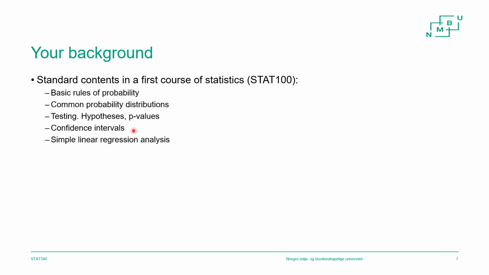I think you can manage very well in this course, even if this was some time ago. You should just repeat a little bit what you have heard about. I will not go into the details of this in this course. So we just expect you to know these words and phrases. And I should say this is a very applied course, so we will not dig into the theory very much in this course.